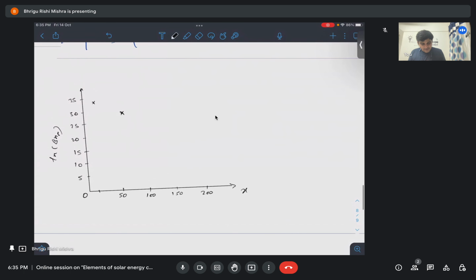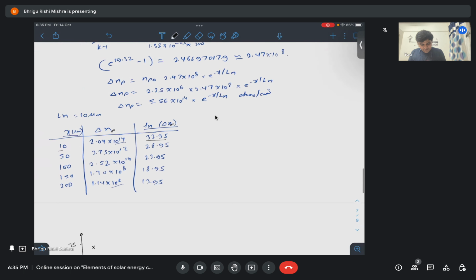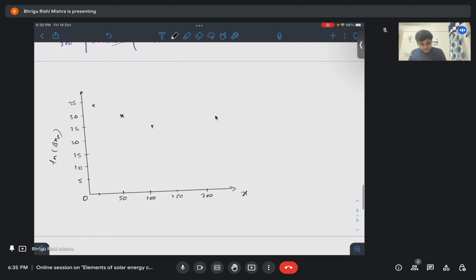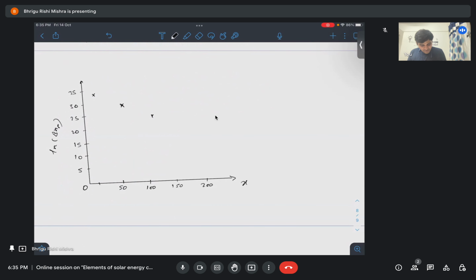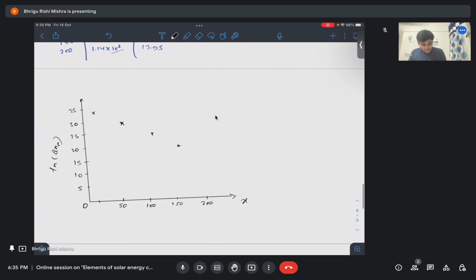At 100 it is 23.95, somewhere here. Okay, at 150 it is 18.95, somewhere here. At 200 it is 13.95, which means somewhere around here.